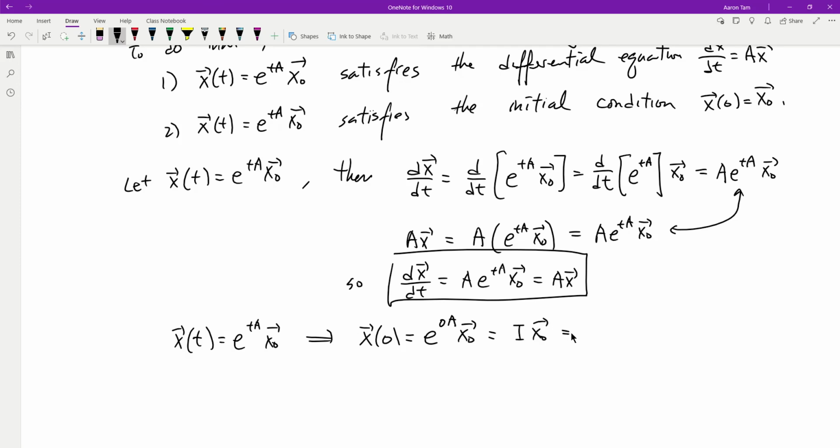And we know that anything multiplied by the identity matrix stays the same. So that just equal to x sub 0. That shows that our equation will satisfy our initial condition also, and therefore it will be a solution to our system of differential equations.